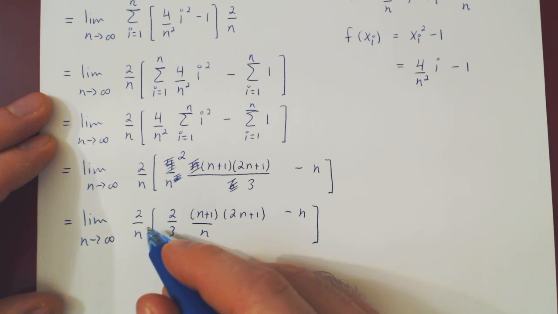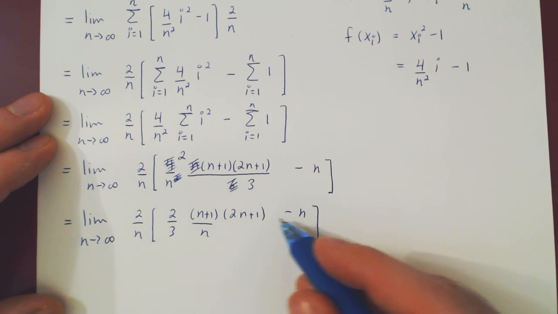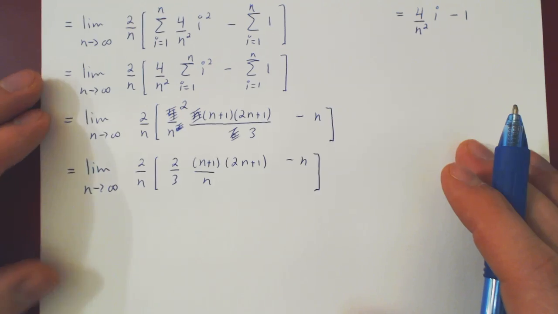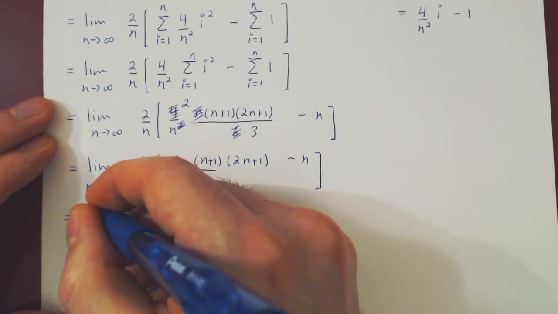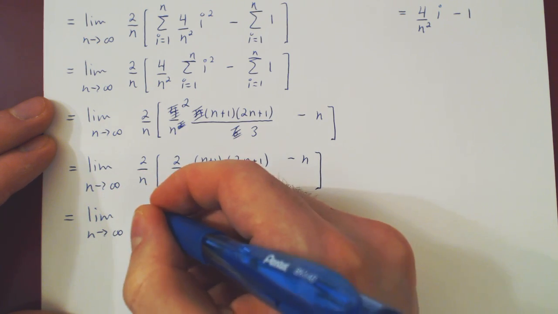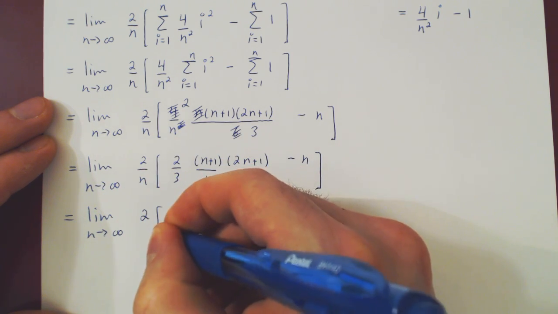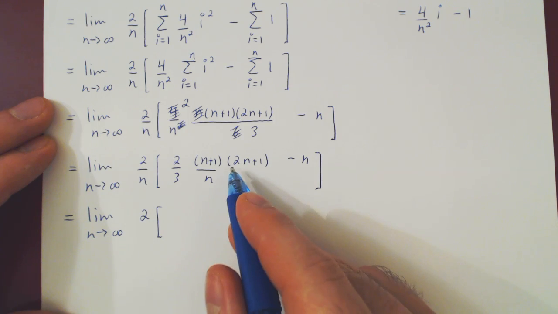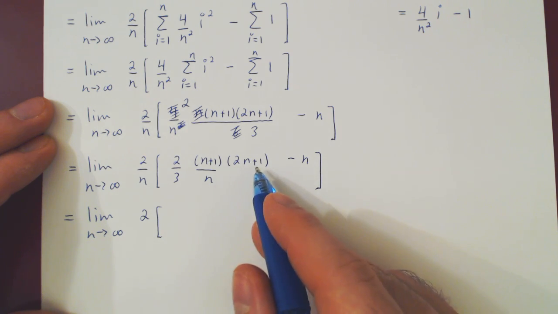And as before, we're going to bring in the 1 over n multiplying the whole expression, and then we'll essentially be done. Leave the 2 outside, constant multiple. And of course the over n will pair up with the second function of n here.